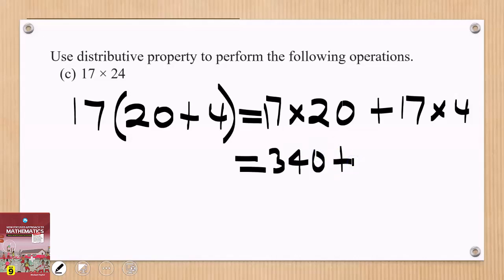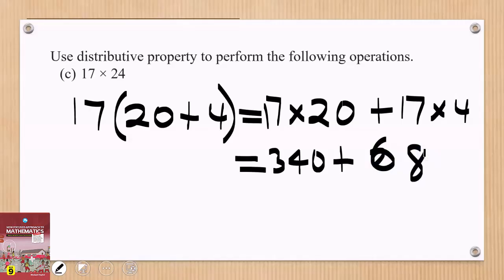Plus 17 times 4 simply means double 17 and double it again. Double 17, you get 34, right? And when you double 34, you have 68.